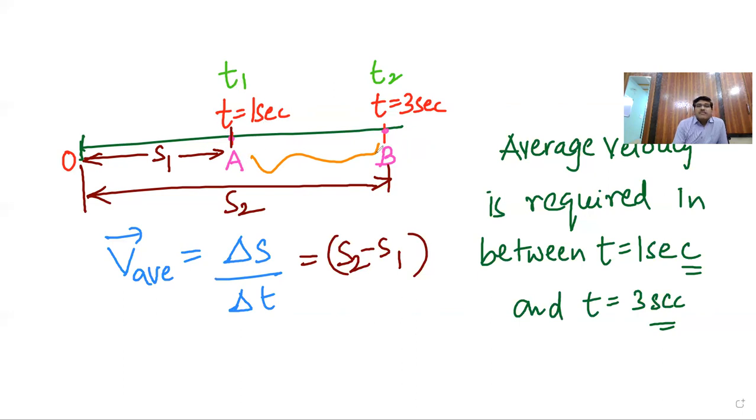So in between A and B, because he is interested in between, it is T2 minus T1. So delta S by delta T is change in displacement in between A and B, S2 minus S1, divided by change in time in between A and B, T2 minus T1. Clear? That is the formula. That means you require S2, S1; T2 already known, T1 already known. Clear?